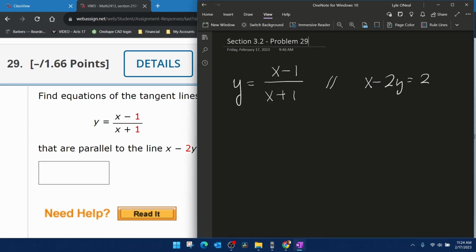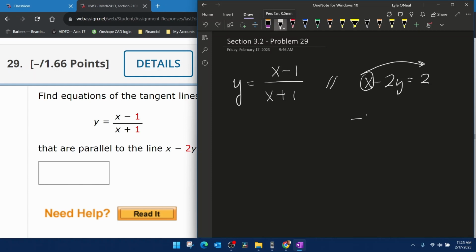So going to my scratch work, the first thing we know is that our tangent lines have to be parallel to this line. And we know that lines that are parallel have the same slope. And so that means that I need to put my equation in slope-intercept form. Step number 1, we're going to move the x to the other side.